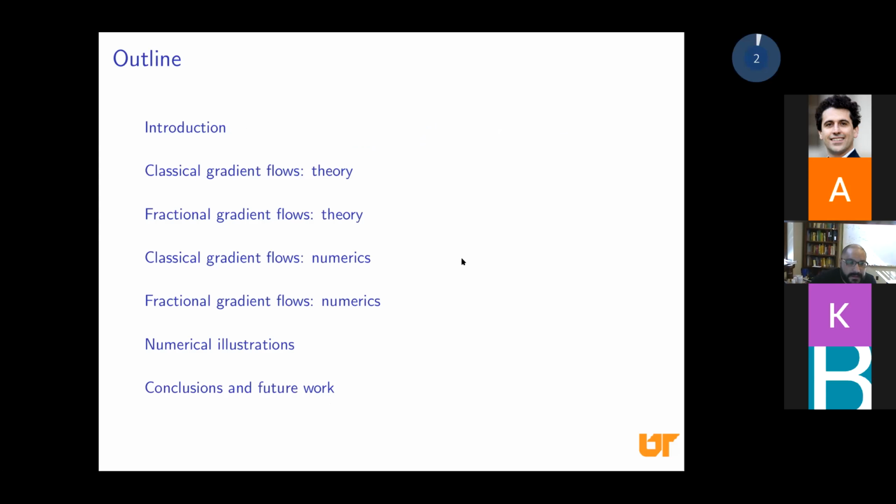So this is a little outline of the talk. First, I will try to motivate the problem and see what the possible applications are, or why I want to do what I'm doing. And then, both for the theory and for the numerics, I'm going to go through a very nice parallel between the classical case of gradient flows and the fractional case.